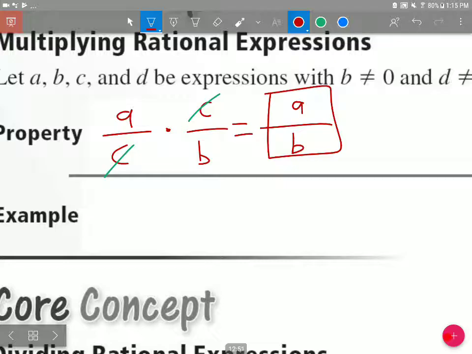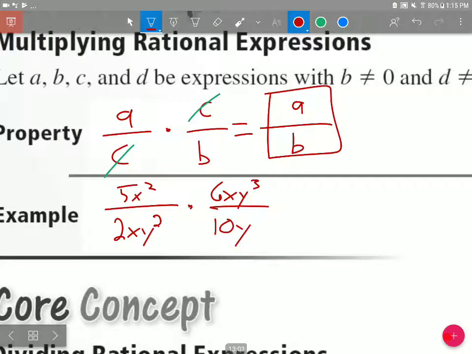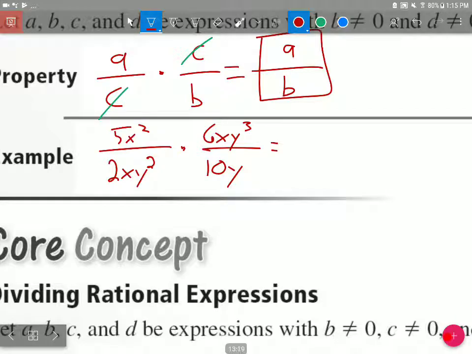So they give us 5x squared over 2xy squared, times 6xy cubed over 10y. It's not that hard, it just looks crazy. Okay? So let's talk about that for a second. On top, I can just treat this as if it was all one big fraction.